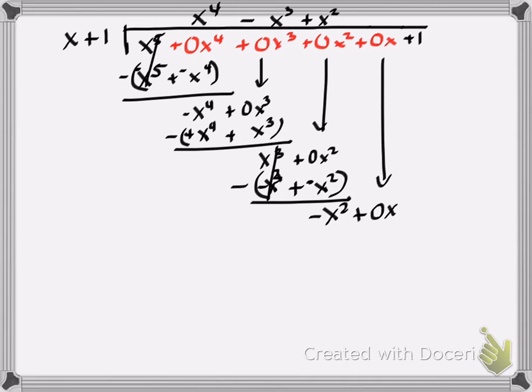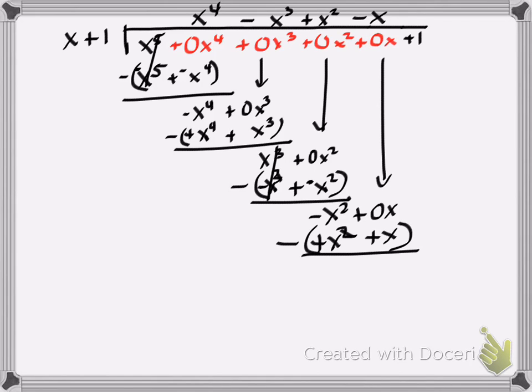Now, x times what to get negative x squared? So I'm multiplying by negative x, and we end up with negative x squared minus x.